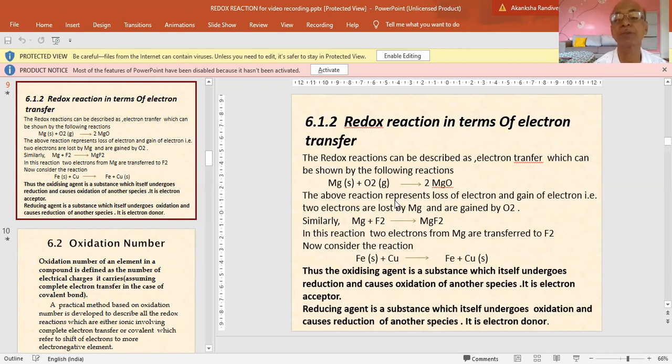In this reaction, loss of electrons and gain of electrons takes place. So when magnesium reacts with oxygen producing magnesium oxide, this reaction represents the loss and gain of electrons. That is, 2 electrons are lost by magnesium and they are gained by oxygen.